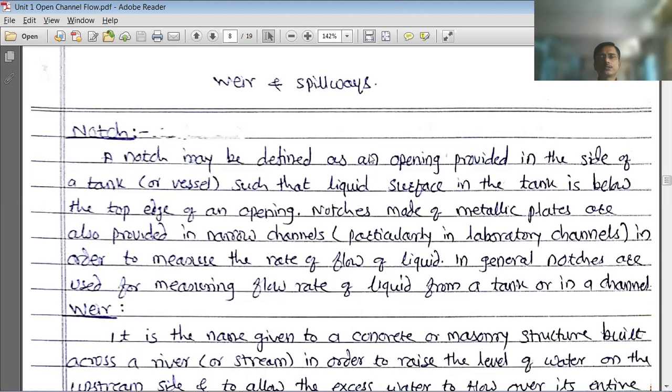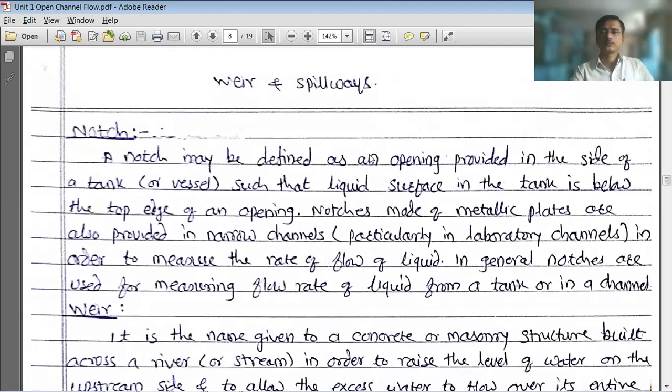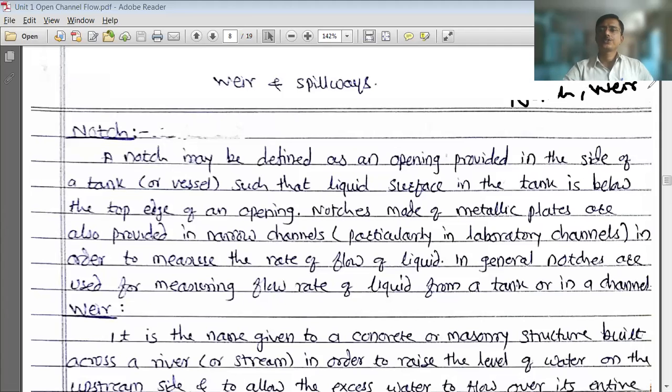Define the following terms. First term is notch. Second term is weir.